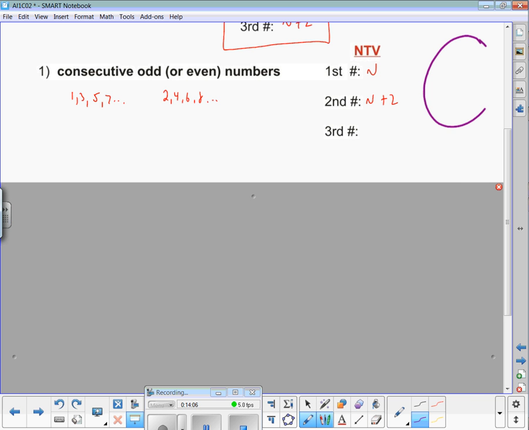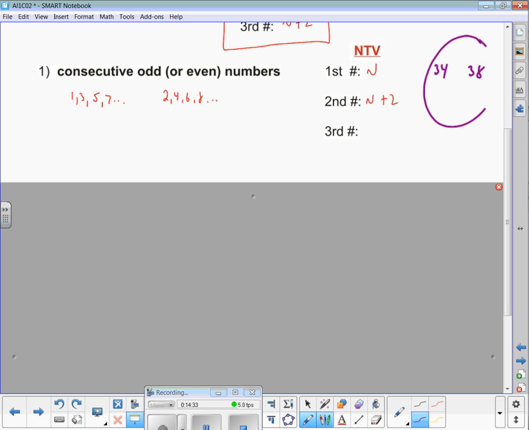All right, let's do the third number. So again, now you got to skip, right? So if I say 3, you're not going to say 5, you're going to say 7, right? 3, skip 5, go to 7. If I say 20, you're not going to say 22, you're going to say 24. Got it? All right, so here we go. How about 34? And hopefully you said 38. We're going to do odd or even, it doesn't matter.